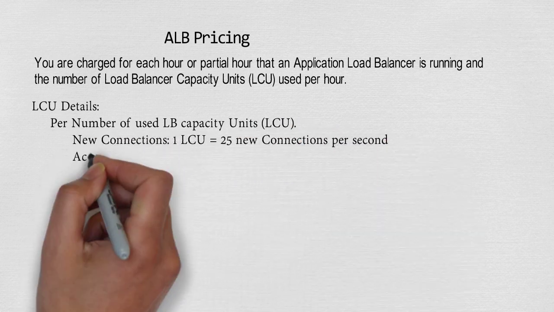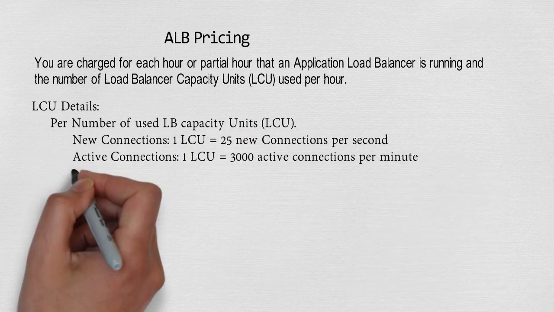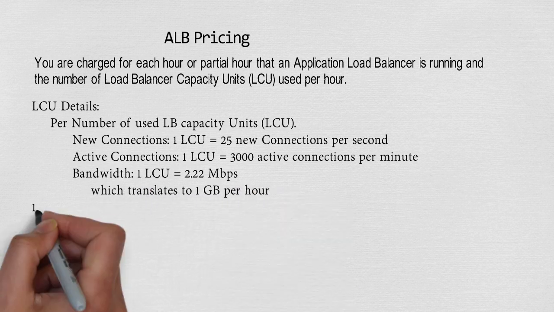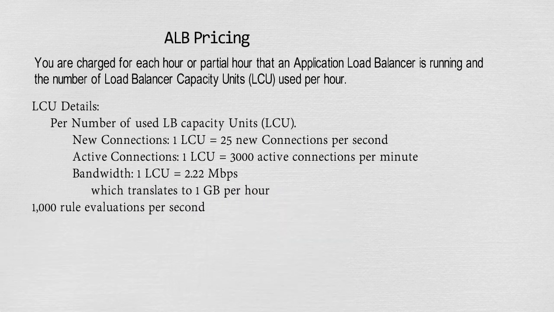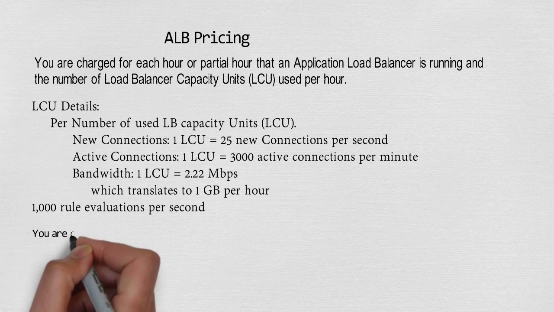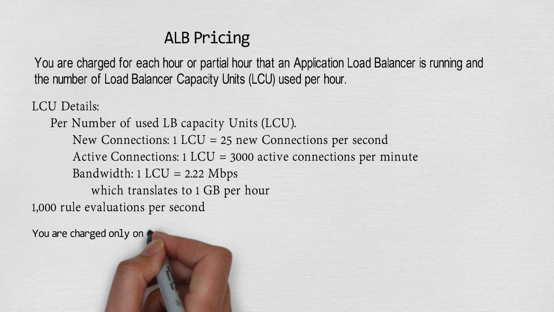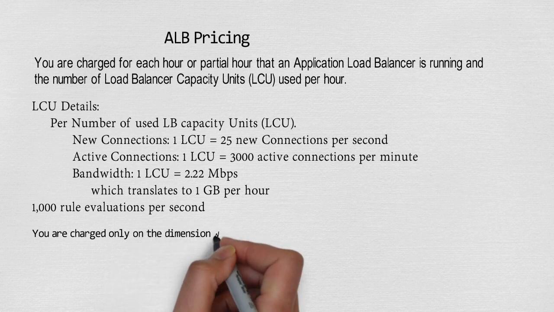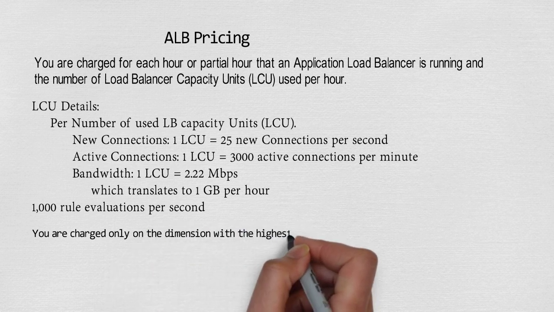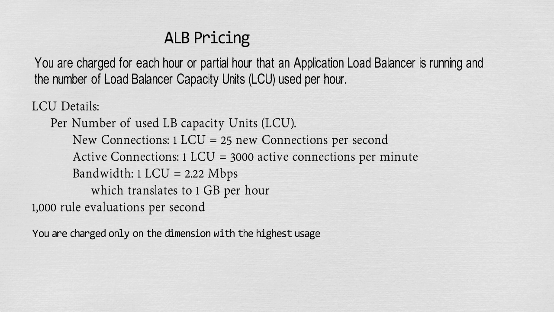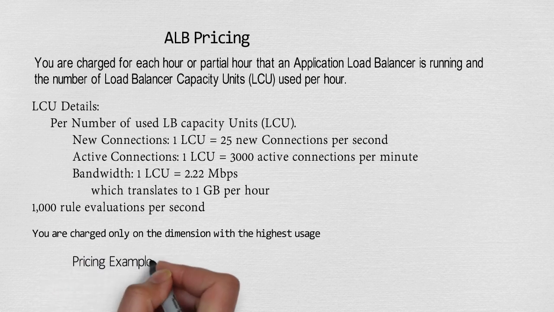Let's see the detail. 25 new connections per second equal 1 LCU. 300 active connections per minute equal 1 LCU. 2.2 MB per second equal 1 LCU, which translates to 1 GB per hour. 1000 rule evaluations per second. You are charged only on the dimension which has the highest usage.